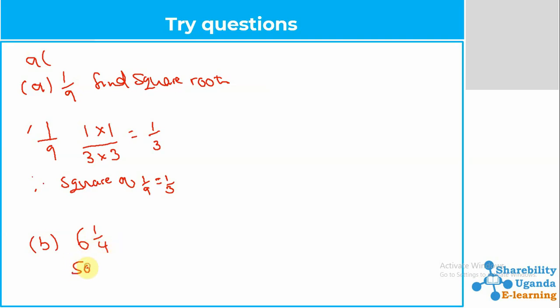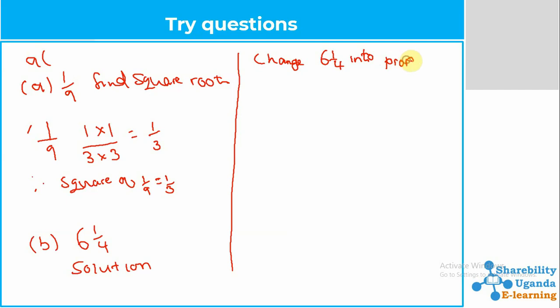We said we can change this number into a proper fraction. We change 6 whole number, 1 out of 4 into a proper fraction.